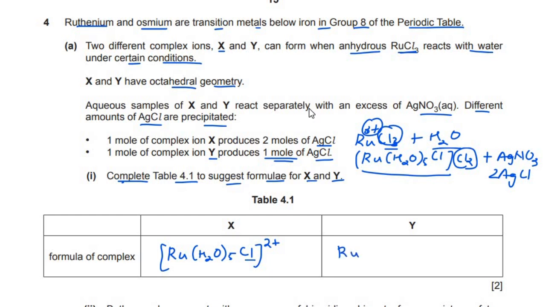So ruthenium in that case should have 4 water ligands and 2 chloride ligands, and the 1 chloride should be outside as an ionic compound, and that's why only 1 mole of AgCl is formed. So if we now work out the overall charge, this should be +1 only. So this is how we have worked out the formulae, and the formulae of the complex ions X and Y are written here. Okay, let's see what's next.